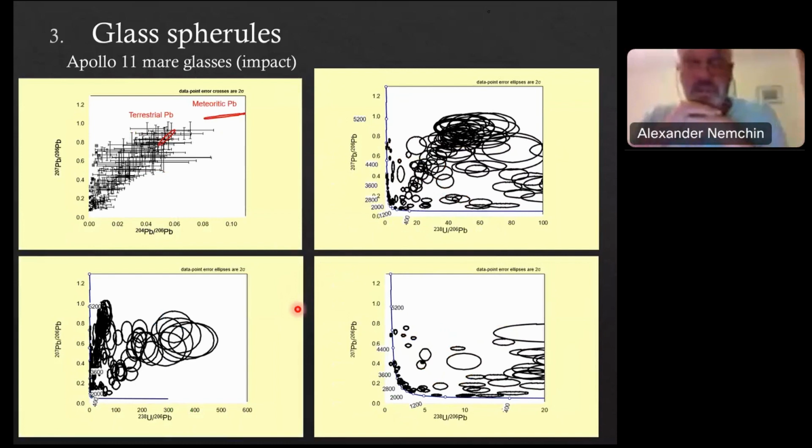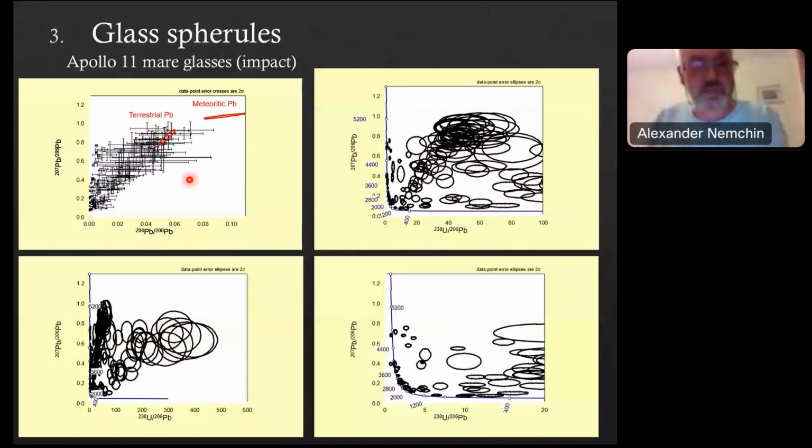Okay, last bit. Impact glasses are more complicated, as you can see. So again, the 7.6 diagram, with terrestrial and meteoritic lead. I'm only taking Mare glasses and Highlands glasses here, using Ryan's paper and classification, just to illustrate the point.